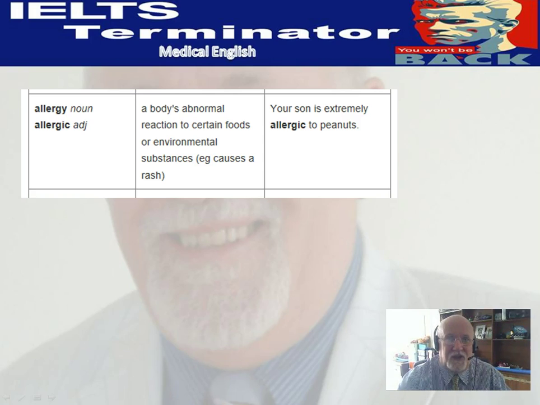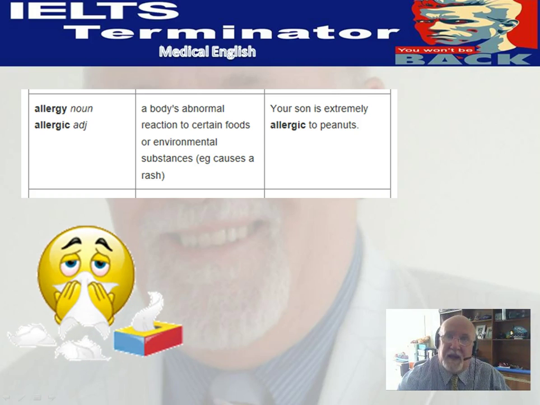He has an allergy to peanuts. A lot of people have allergies when it comes to the springtime. They might be allergic to flowers or the pollen that comes off flowers. And they're pretty miserable. We have to give them something to relieve this discomfort.